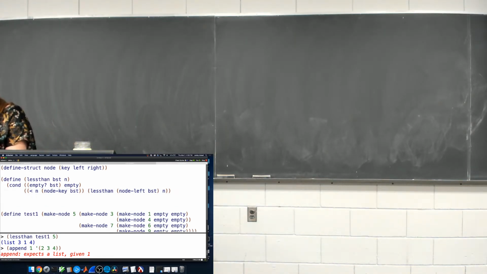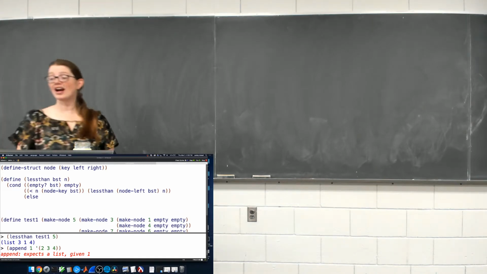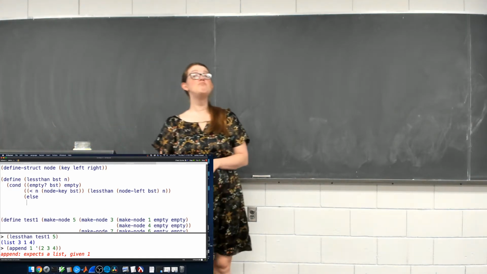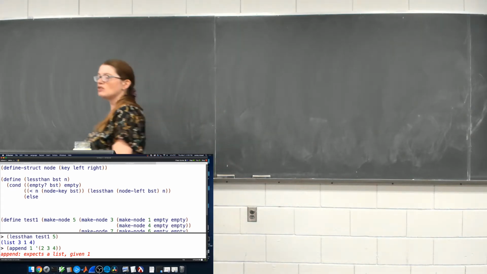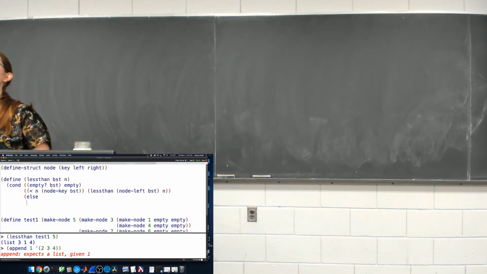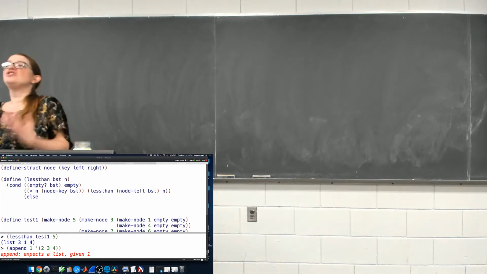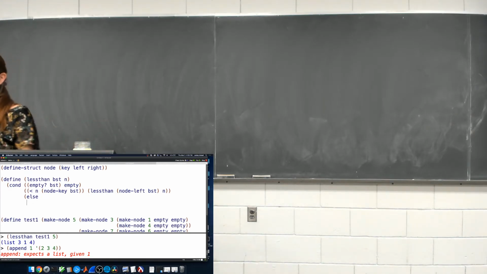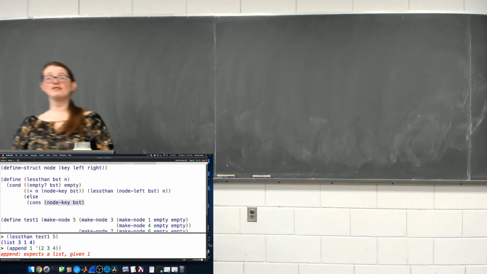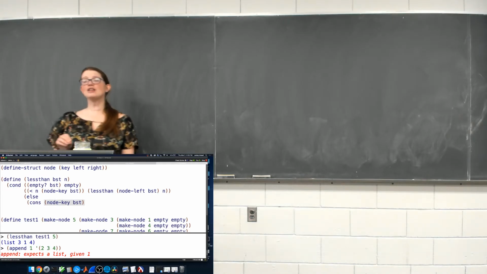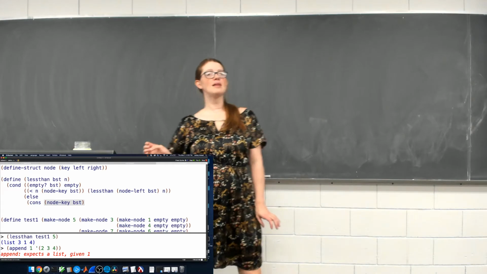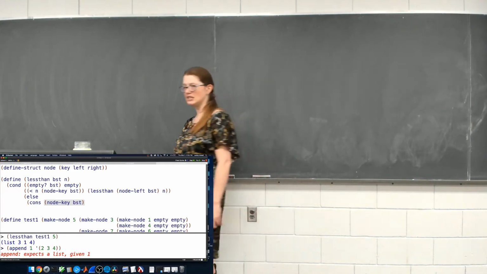Otherwise, this is the case where n is actually bigger than the current node's value. So I need to go down the left subtree looking for things, and I need to go down the right subtree. And since the current node's value is less than n, I need to keep it, which means I'm going to need to add the current node's value to the list that I get from searching for things down my left subtree and searching for things down my right subtree.